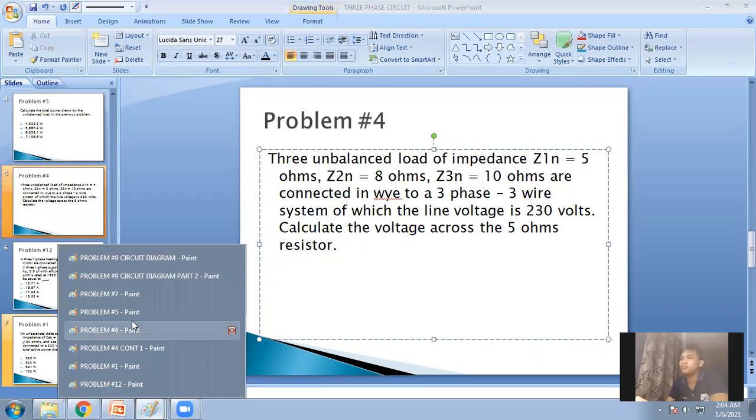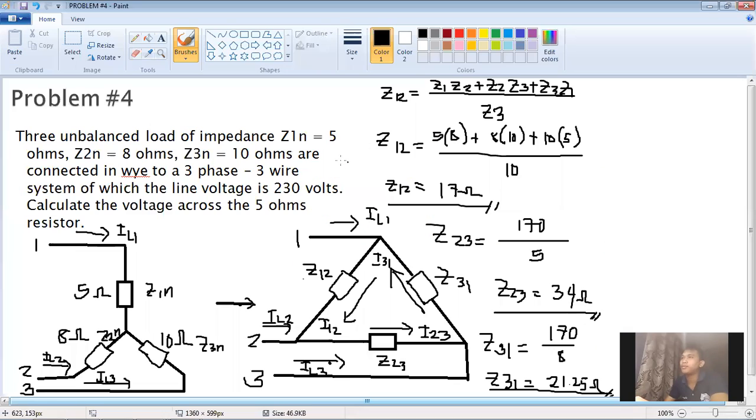Calculate the voltage across the 5 ohms. So for problem number 4, here we have the circuit diagram of a Y connected three-phase, three-wire system. We have Z2N of 8 ohms, Z1N of 5 ohms, Z3N of 10 ohms, and a source voltage of 230 volts.